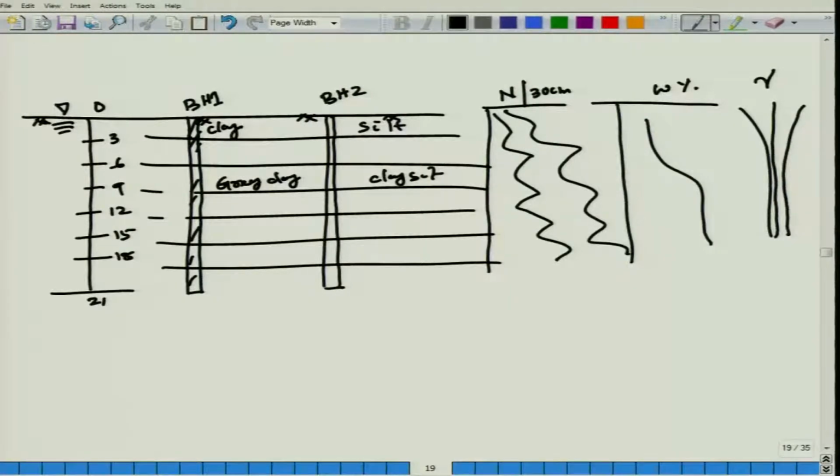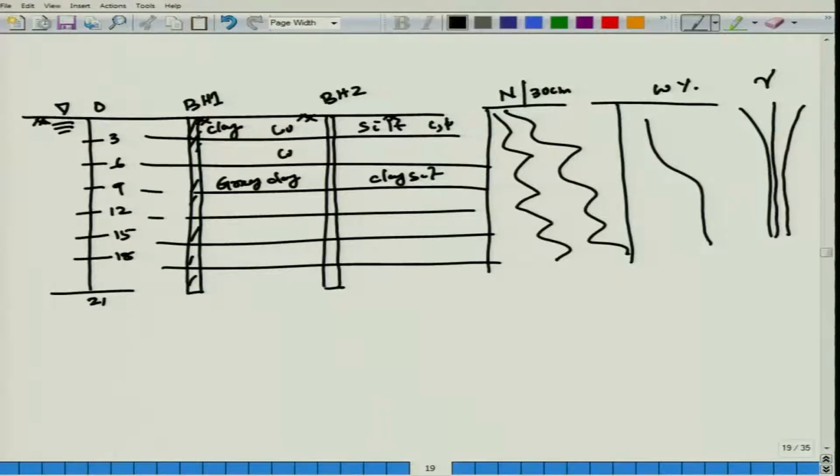Once the design engineer sees this data logger, he can say okay, between 0 to 9 meter it is purely clay soils, and put the value of undrained cohesion. If there is a silt, what is the value of C as well as phi, all details of engineering properties you have to put in.